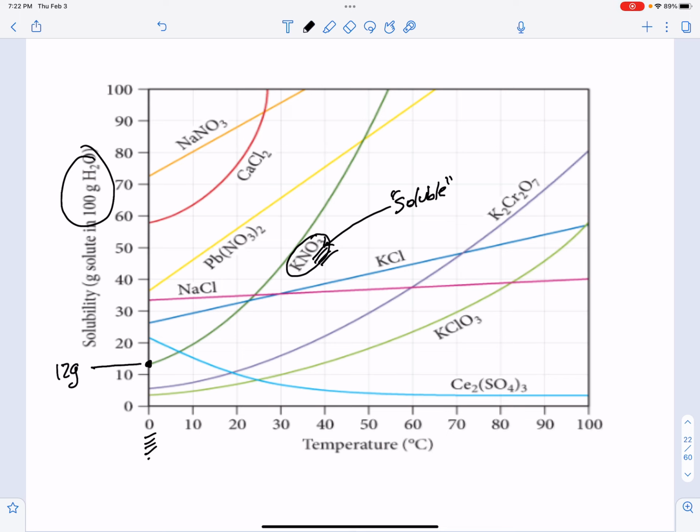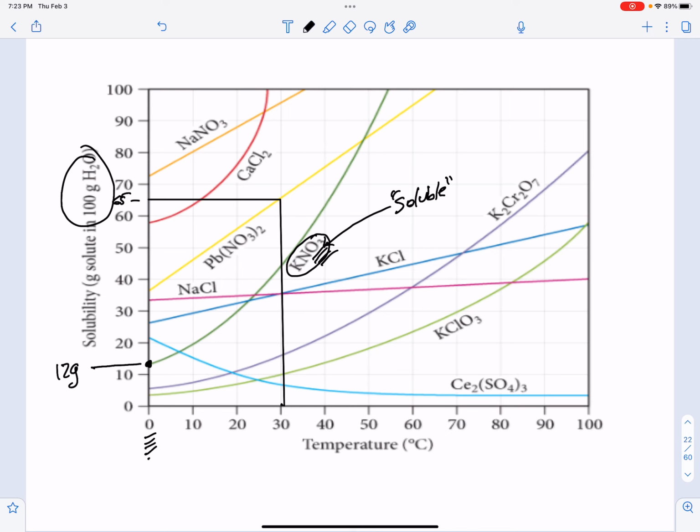But if you were to increase the temperature to 30, let's say, then you can dissolve around 65 grams of potassium nitrate in the same amount of water. So as the temperature increases, solids tend to dissolve better.